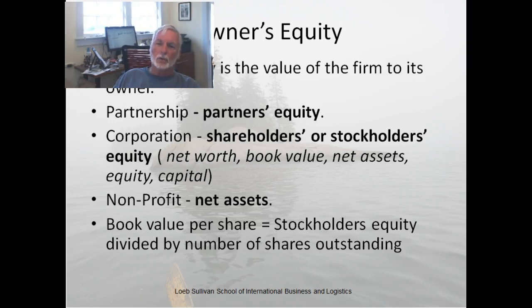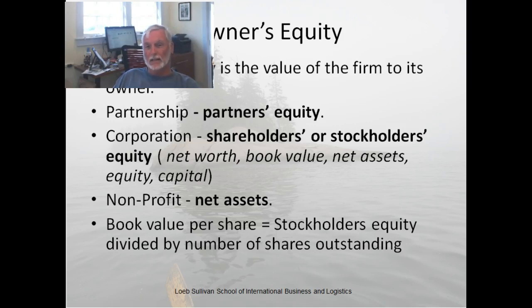And then book value per share: we take the book value, or the shareholders' equity, same thing, and divide it by the number of shares outstanding. So if I have a $100,000 book value or shareholders' equity and I have 1,000 shares, the book value per share is $100.